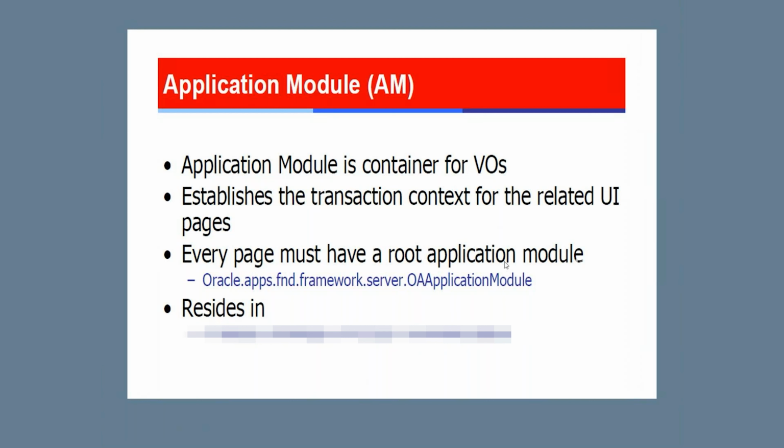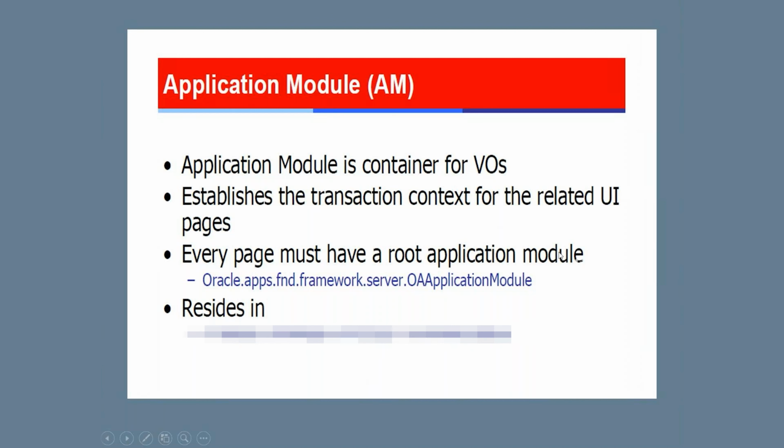There is one exception for one component that we'll see in practical, but for now just remember blindly that view objects should always be attached to the application module in order to be used by the framework. Just as it is mandatory to attach entity objects to view objects, it is mandatory to attach view objects to the application module. And the application module should always be created under the BC4J ending with server.